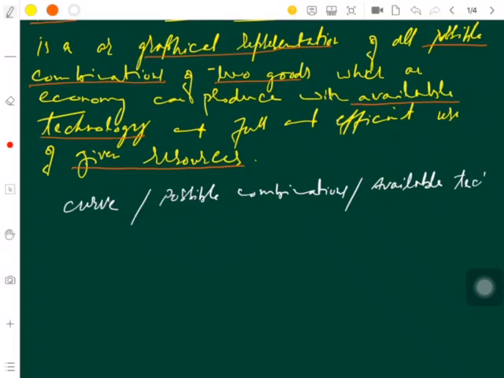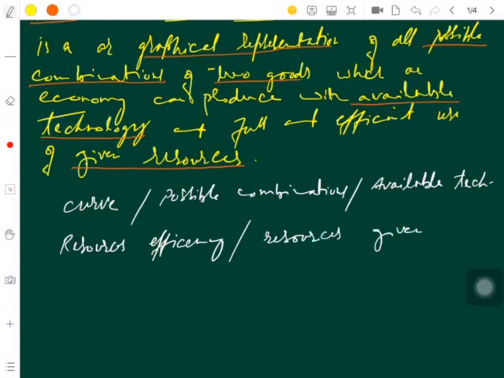We cannot presume, or increase, or decrease. Whatsoever is given, it is given. Number fourth, we have to use the given resources efficiently. Number fifth and last, resources are given.